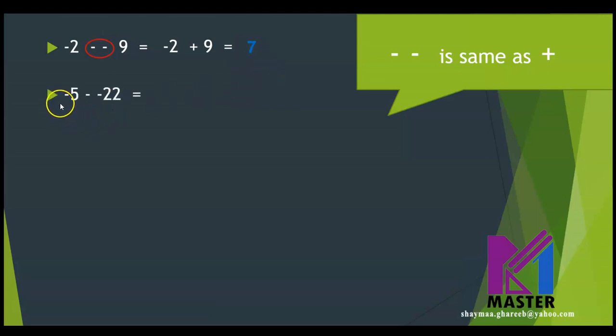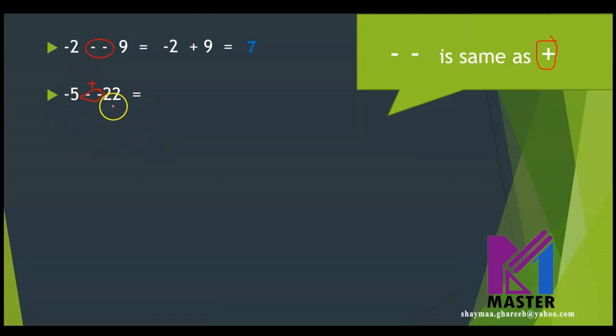Second example, -5 minus -22. We are going to do exactly the same. I'm going to change both signs into an addition sign. So the sentence will be -5 plus 22.